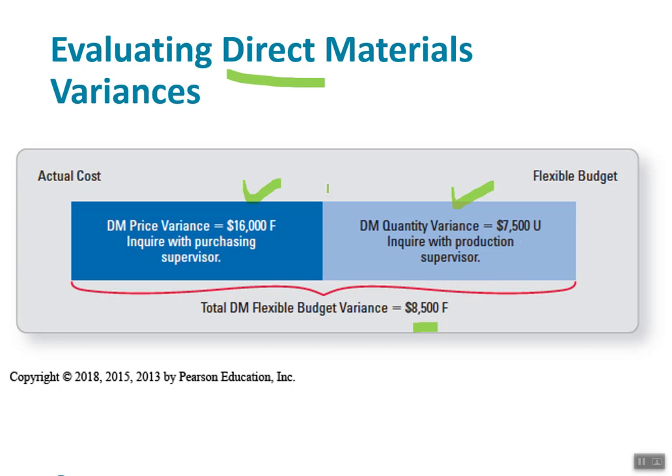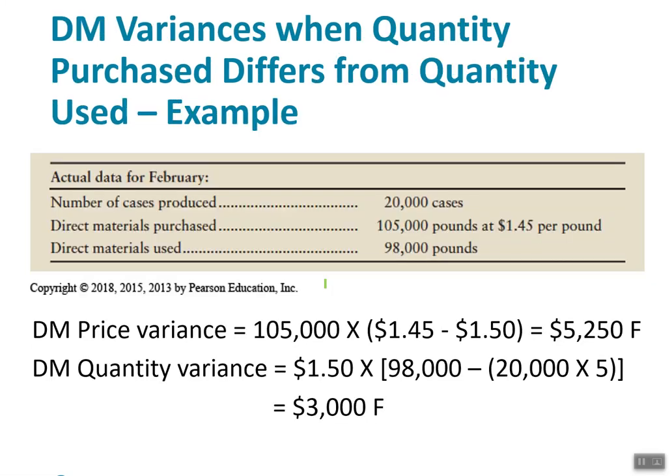And so for each one of these, you know who to go to. For price, you would go to the purchasing supervisor. For quantity variance, you would inquire of the production supervisor. So not only do you know what the variance is, favorable or unfavorable, but you know who to actually go and speak to about why these variances happen.